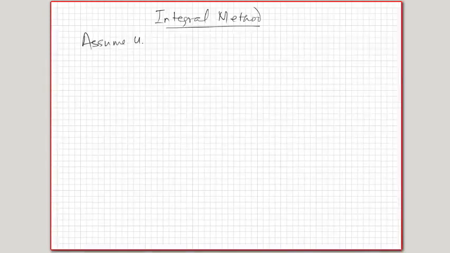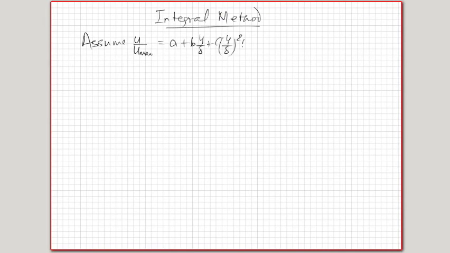u by u max is equal to A plus B y by delta plus C y by delta whole square plus D into y by delta whole cube.